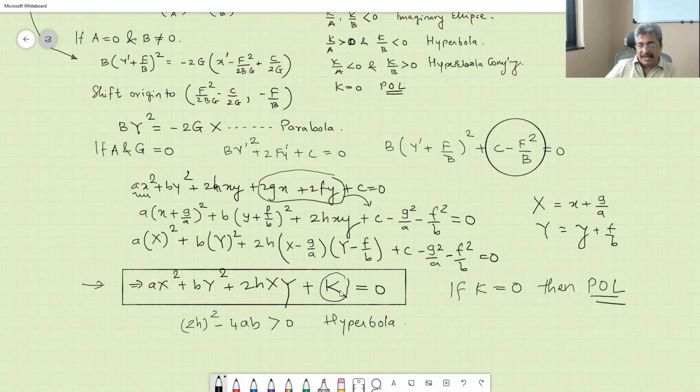If k is not equal to 0, it is hyperbola, and if k is equal to 0, it is asymptotes. Therefore, joint equation of asymptotes differ by k. And this is the characterization: h square minus ab greater than 0, hyperbola; h square minus ab less than 0, ellipse.